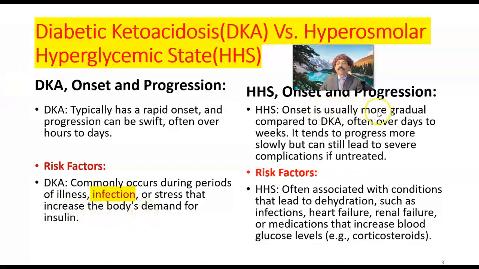Onset is usually more gradual compared to diabetic ketoacidosis, often over days or 2 weeks. It tends to progress more slowly but can still lead to severe complications if untreated. Risk factors: it is often associated with conditions that lead to dehydration such as infection, heart failure, renal failure, or medications that increase blood glucose level like corticosteroids.